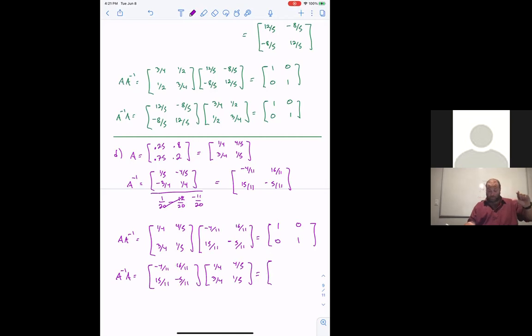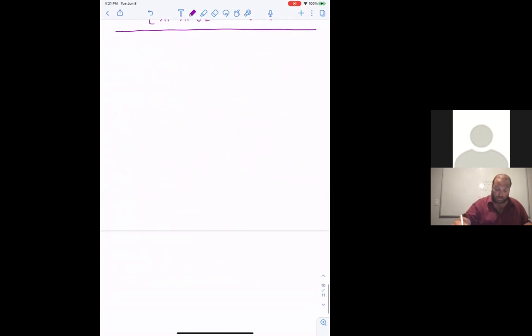So -1/11 plus 12/11, 11/11 is 1. -16/55 plus 16/55 is 0. 15/44 minus 15/44 is 0. And 12/11 minus 1/11 is 11/11, which is 1. Fantastic. So that is question number 1. Whew, that took a while.